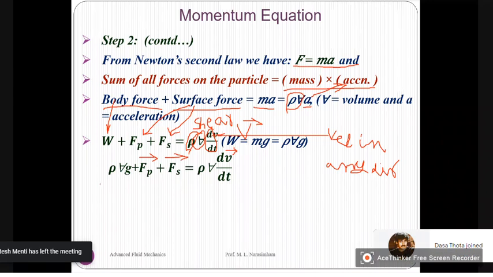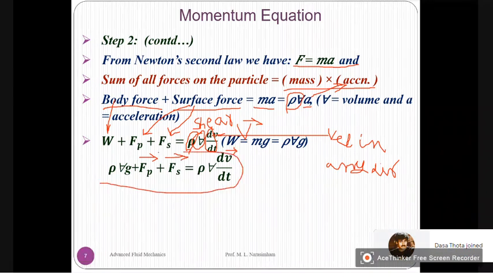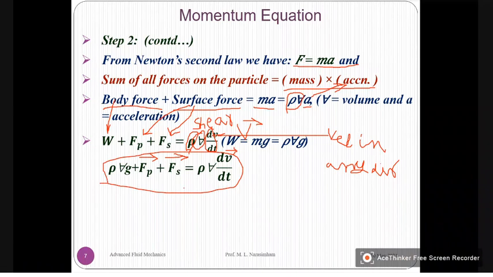So this equation written in vector notation will actually be different in the x direction, different in the y direction, and different in the z direction.